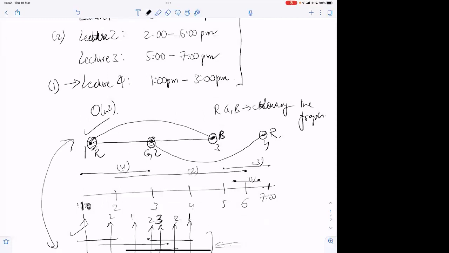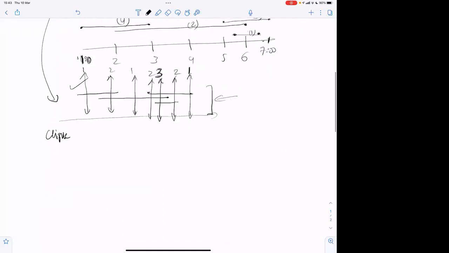And the minimum number of colors required is defined as the chromatic number. Correct? Of a graph. And chromatic number is what we are looking for.